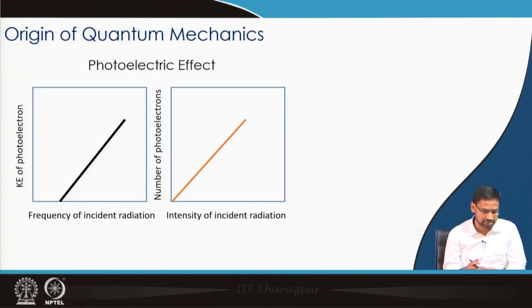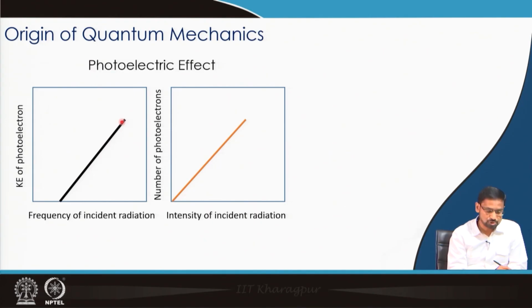in these experiments. For example, when you plot the frequency of incident radiation on the x-axis and the kinetic energy of the emitted photoelectron on the y-axis, the experiment showed some linear dependence of the kinetic energy of the photoelectron on the frequency of incident radiation.